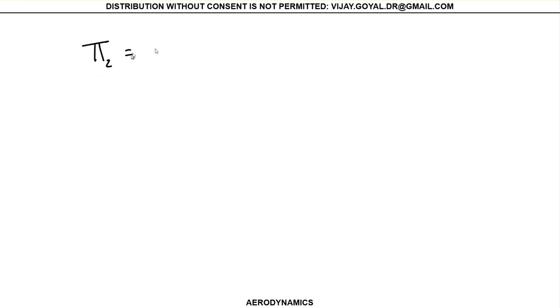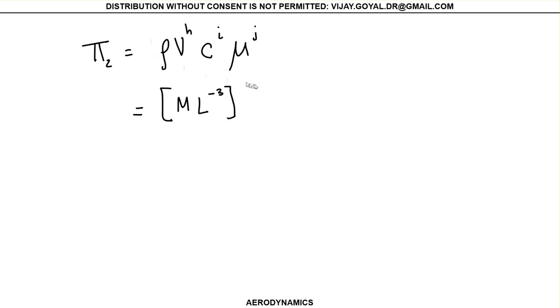In this particular case, rho, V, let's call the exponents H, I, and J. These are completely arbitrary numbers. You can use whatever value you want there.